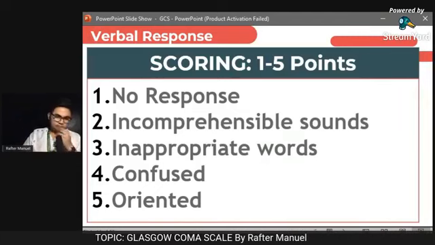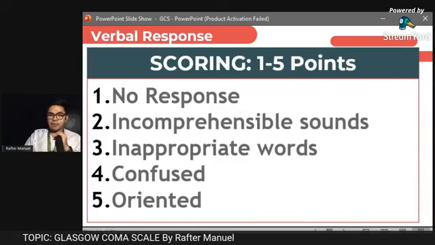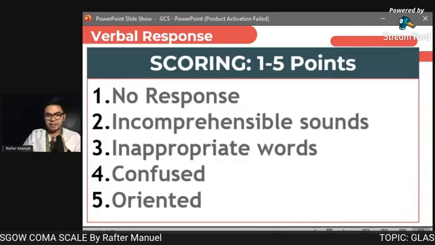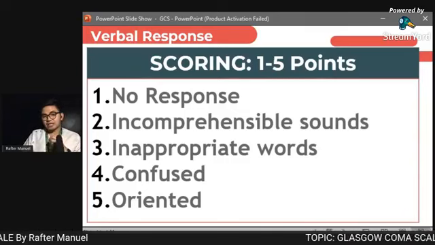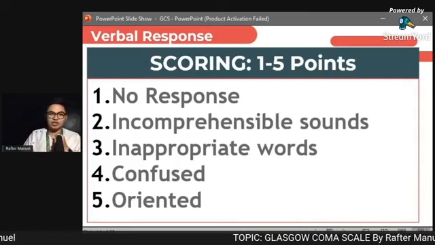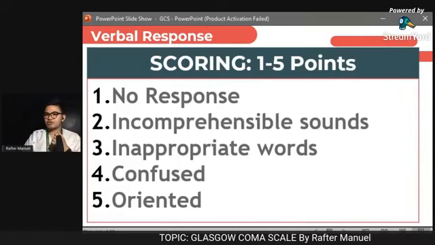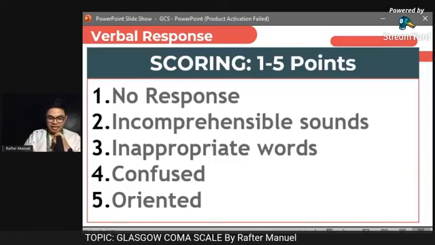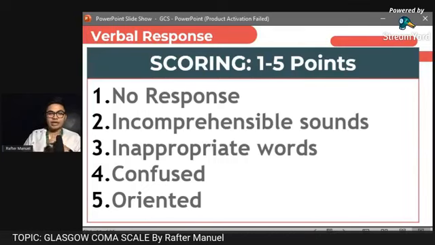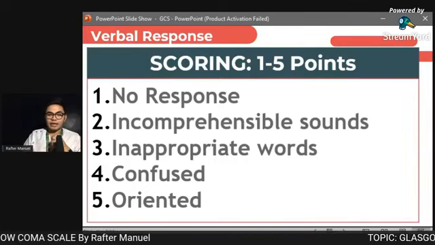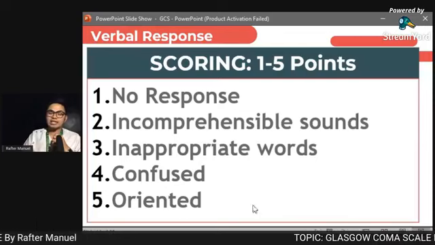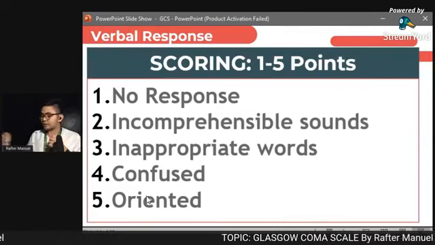How do you do it? In assessing the verbal response to your patient, you need to engage the patient to a routine conversation. How does a patient gain score? You need to engage your patient to a routine conversation. Now again, let us go to the highest point, which is 5 points.